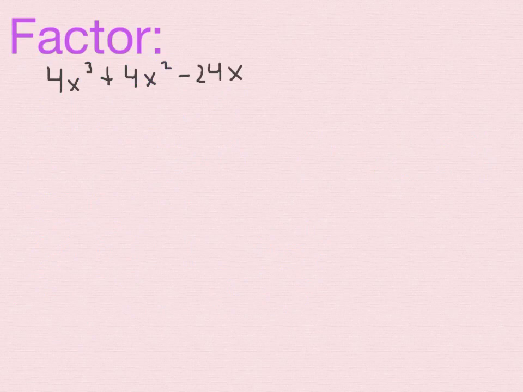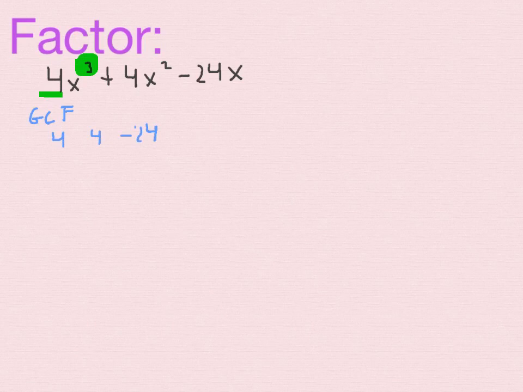Alright, one more. What I notice here, first of all, is that because the directions on this video were that a had to be 1, my a is not 1. The other thing I notice here is we're factoring quadratics, and this is to the 3rd power, not of degree 2. So we don't have a quadratic here. So we need to go back and think a couple lessons back about the idea of greatest common factor. Looking at what I've got, I have 4, 4, and negative 24.